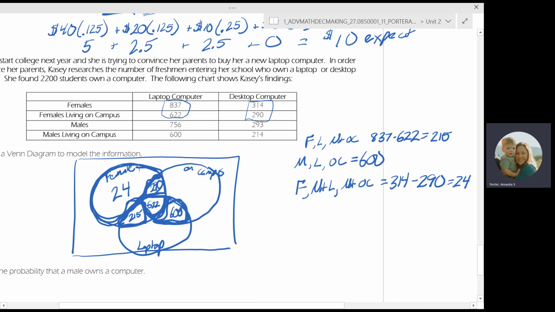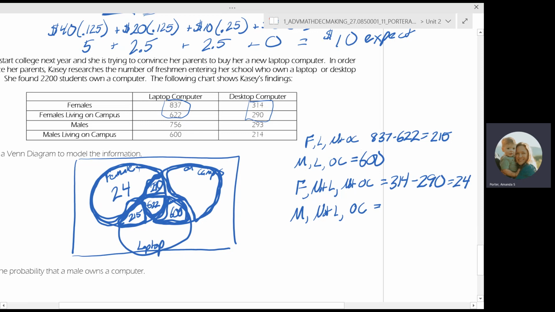So let me move on. Ooh, 3 circles are kind of brutal. All right. That section right there is not females, so males. That is not a laptop, and it is, though, on campus.